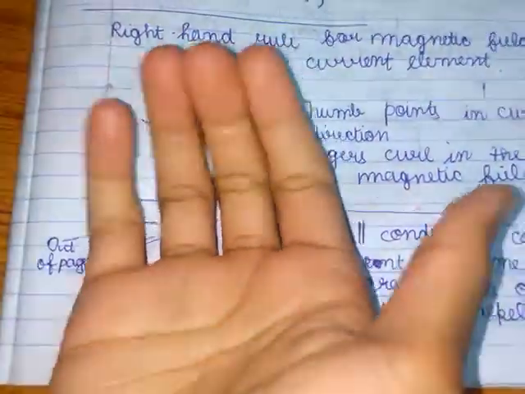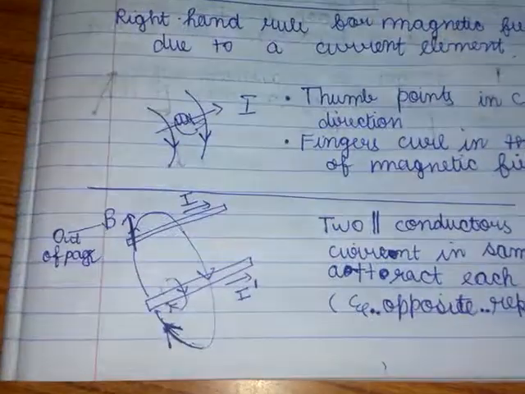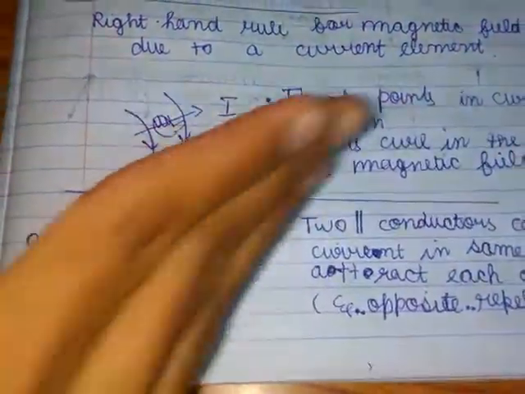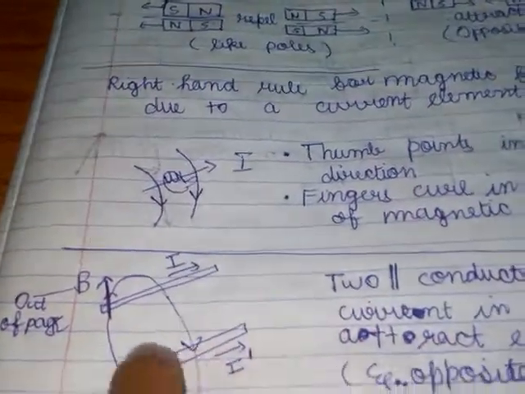Current going in this direction, field like this, so B out of the page. I is the direction of positive charge. Then I cross B would be: we place our hand in the I direction and then curl our fingers towards the B direction, which is out of the page, and the force we get is like this in the plane. So actually it's attracted to this wire here.